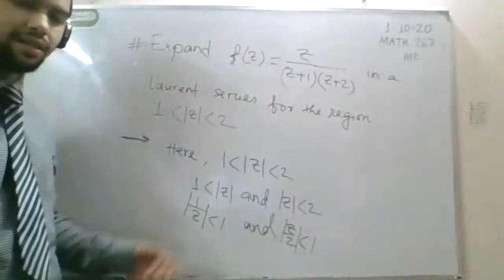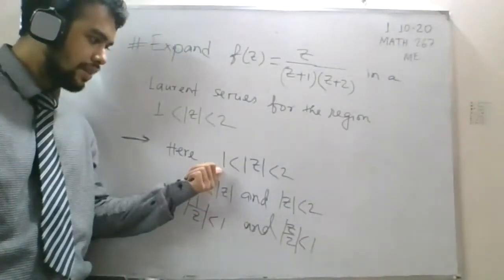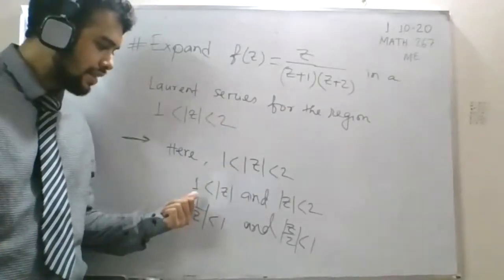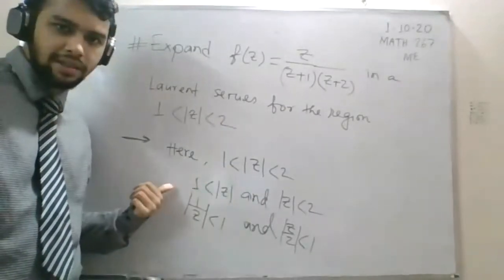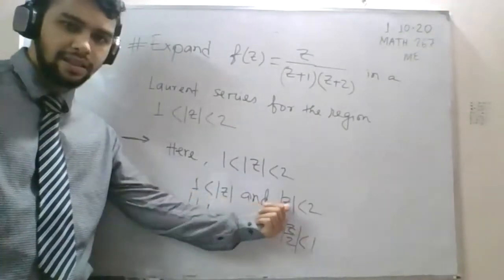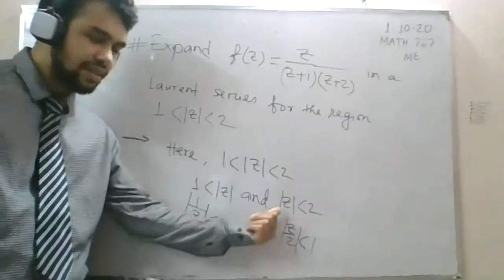Okay. So here what I said is that 1 less than modulus of z less than 2. In this case I can rearrange it this way, which is 1 less than modulus of z and modulus of z less than 2.